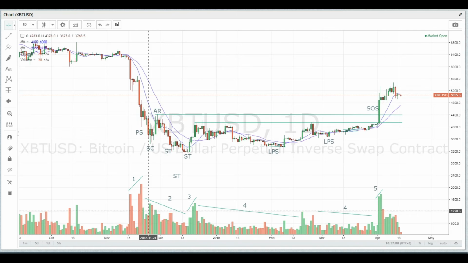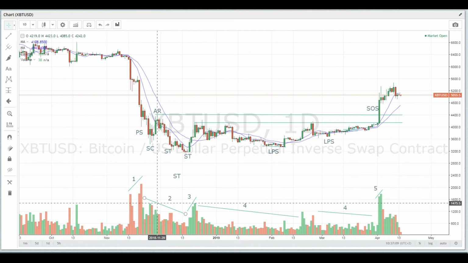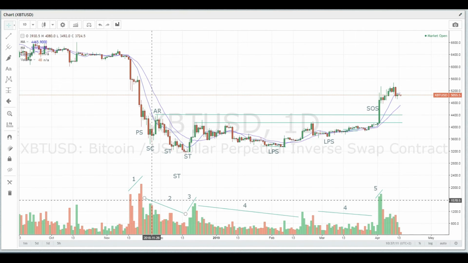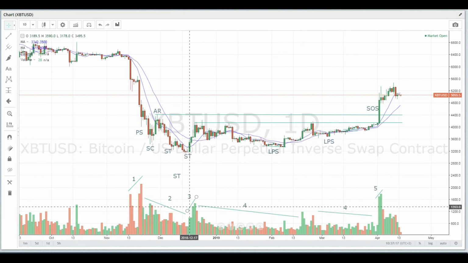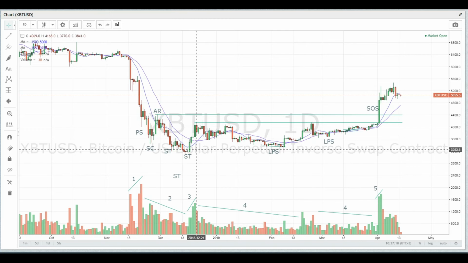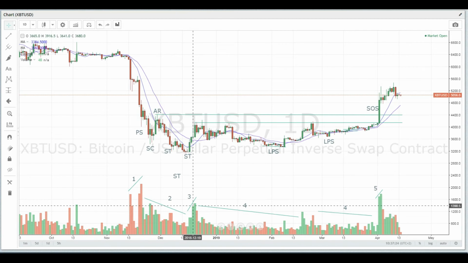You see that phase 2 has decreasing volume, and what changed in phase 3? We see the upward move with increasing volume. It means that buyers start their move.